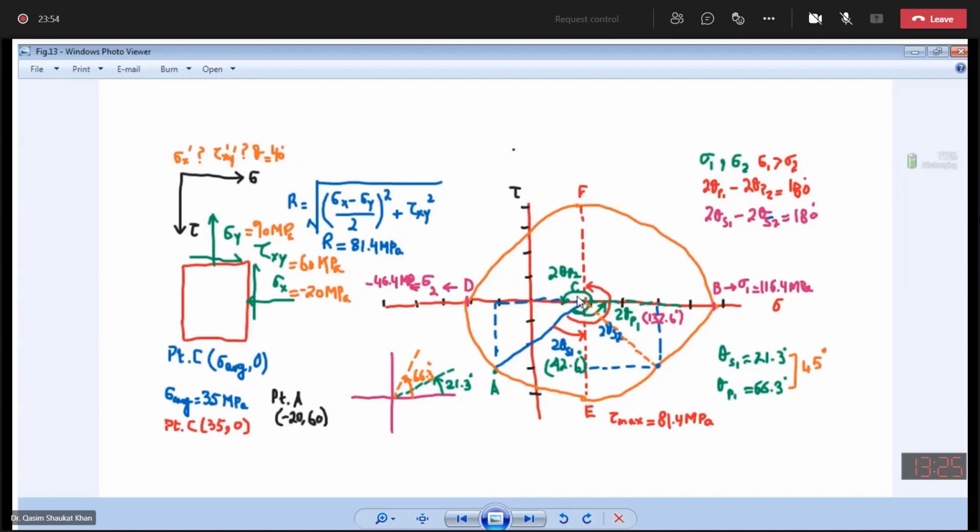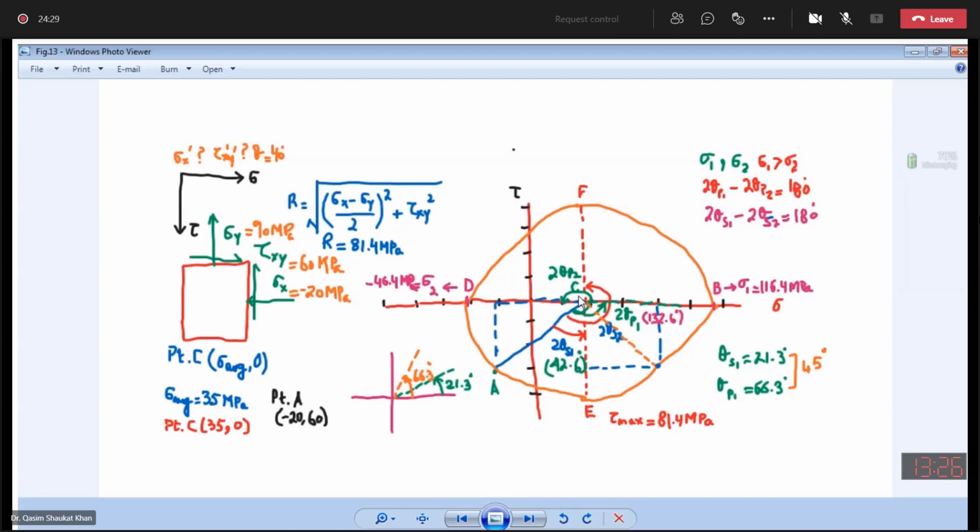If you draw this, this average point is point C, the center point of the Mohr circle. So please mark the point C. Did you mark the point C?